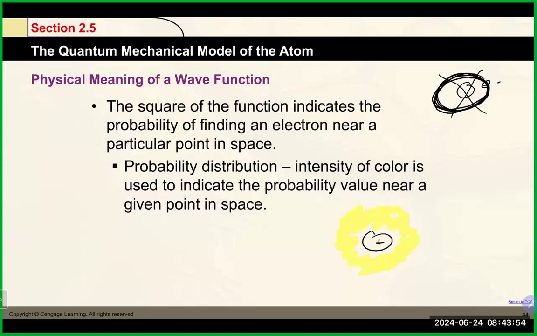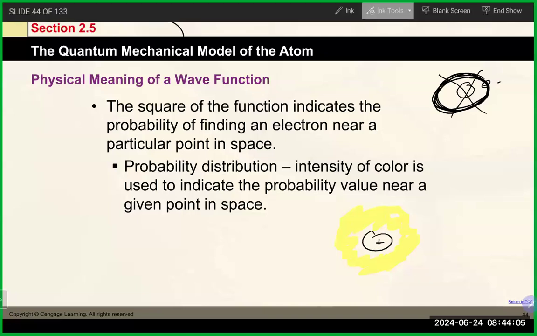Because opposites attract, electrons being negatively charged, protons in the nucleus being positively charged. So there should be some attraction, and a pretty good idea that we can find an electron.